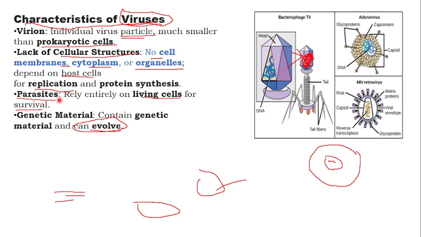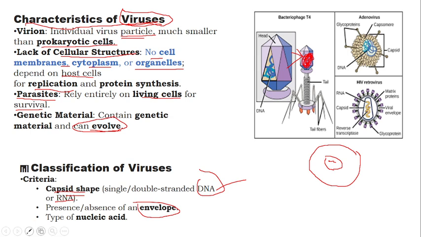A virus is an obligate parasite, and viruses can also evolve, meaning mutation. I hope you are understanding. By classification, some viruses are DNA viruses and others RNA viruses, depending on the genetic material they contain inside the capsid. Others are enveloped viruses and others are non-enveloped viruses. I hope you are understanding this.